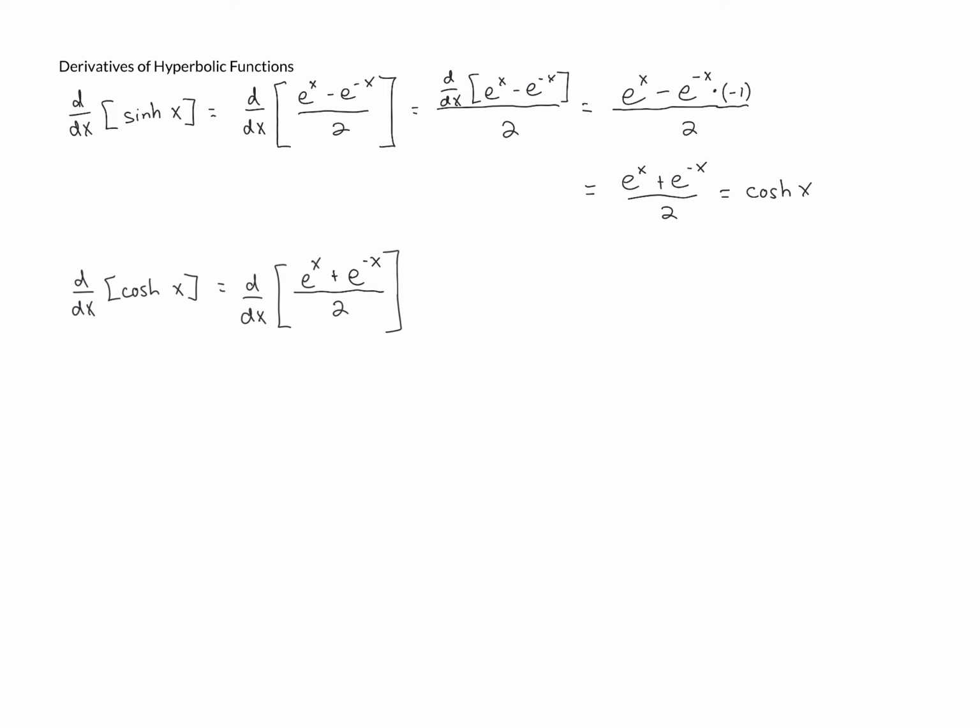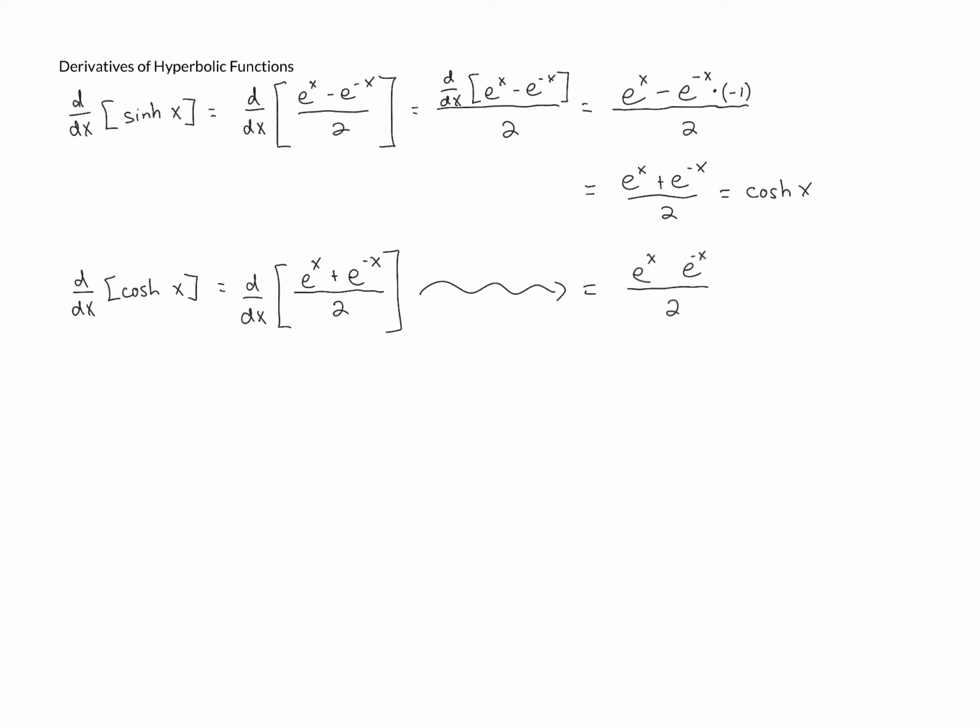Now, when we go through and differentiate this, we ended up with, actually, I'm just going to draw this little arrow. When we differentiated this top part, we had e to the x plus e to the negative x over 2. But if we change the sign of the second term in the expression that we're differentiating, that's going to change the sign in the second term of the answer.